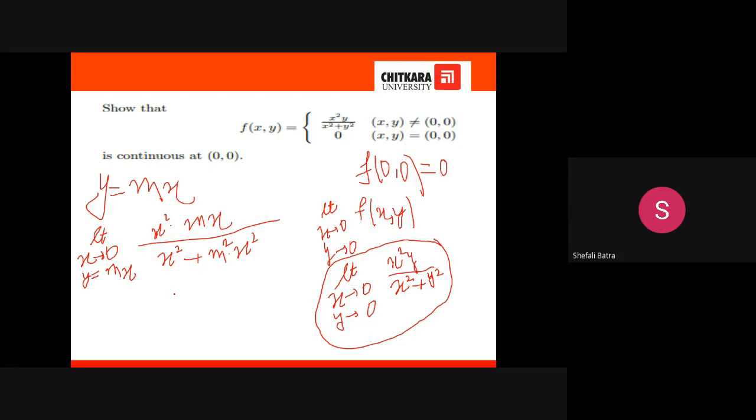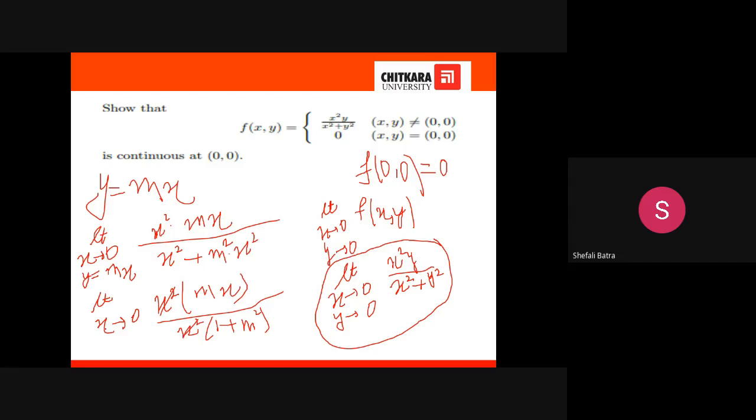When you simplify it, x square mx upon x square into 1 plus m square, limit x approaches 0. Is it right, beta? X square will be cancelled out with x square.